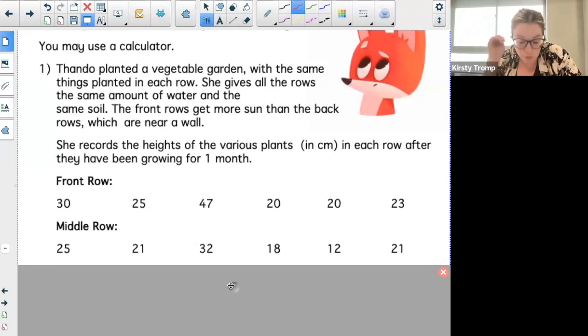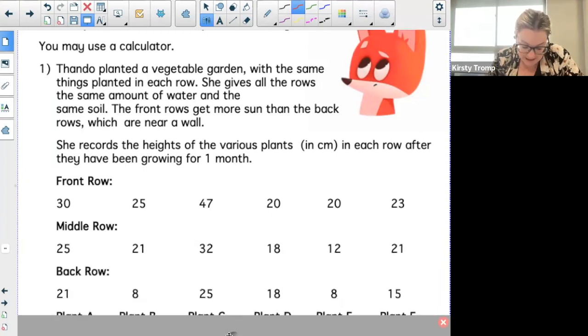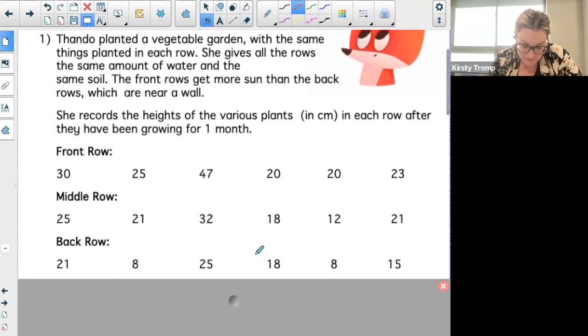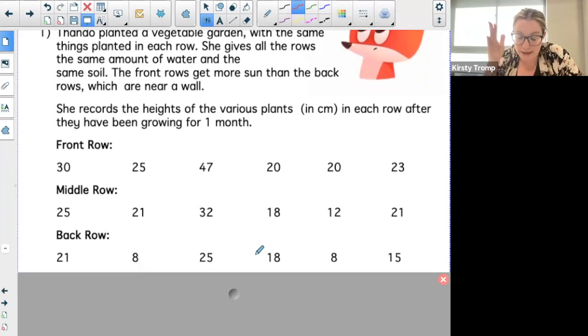In the middle row, we've got 25 centimeters, 21, 32, 18, 12, and 21. And in the back row, 21, 8, 25, 18, 8, and 15. So we've got these plants that are all different heights, guys.